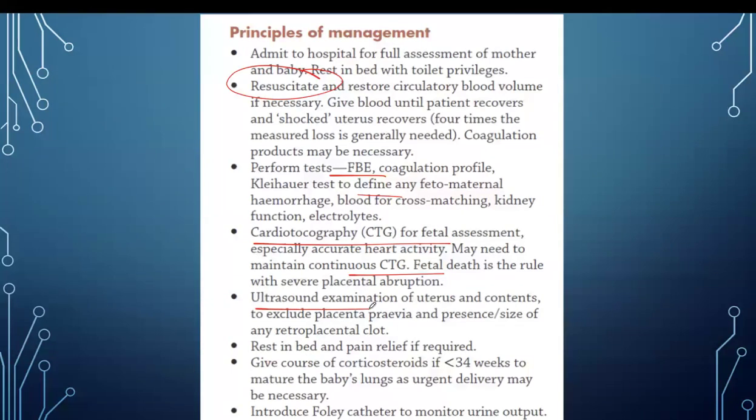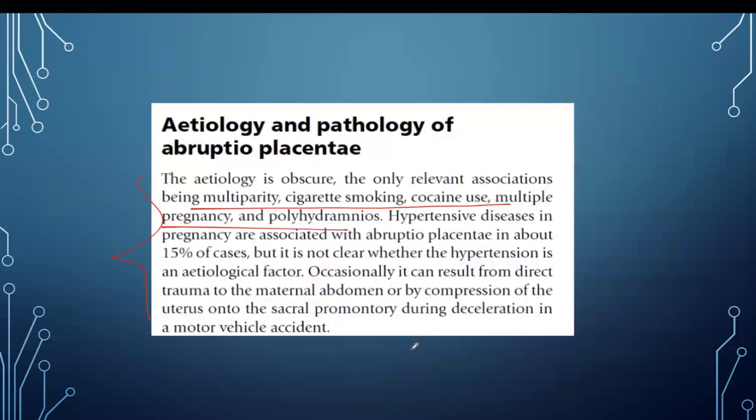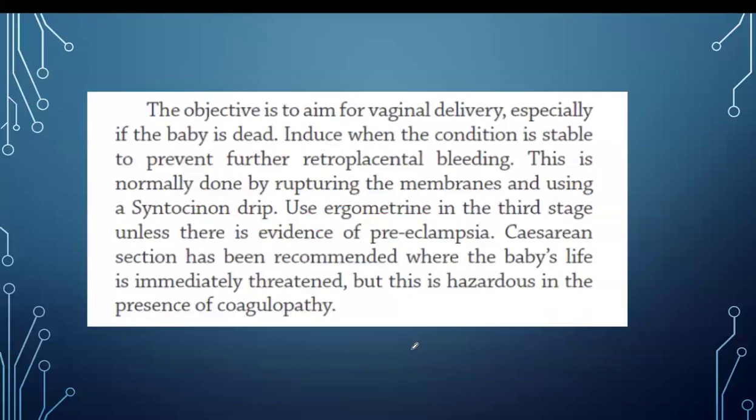Ultrasound is to check if there is any retroplacental clot, and also to rule out placenta previa. So this is all the initial management, right? Resuscitation, doing a cardiotocogram, doing an ultrasound. So do all of those.